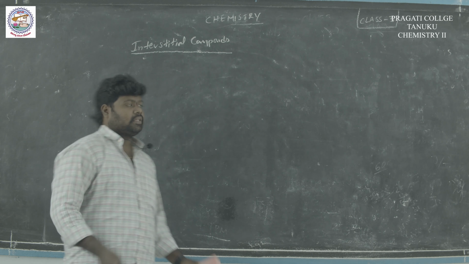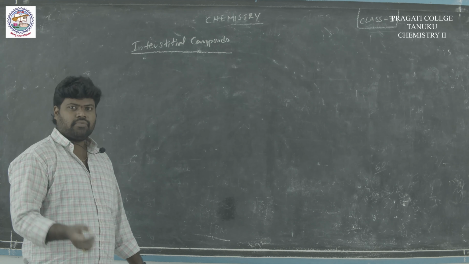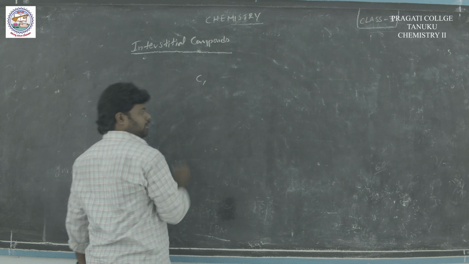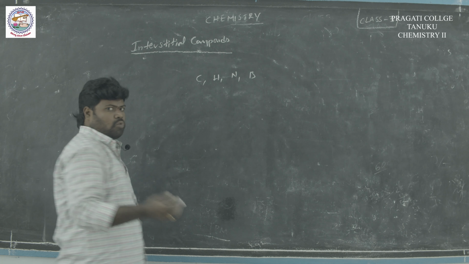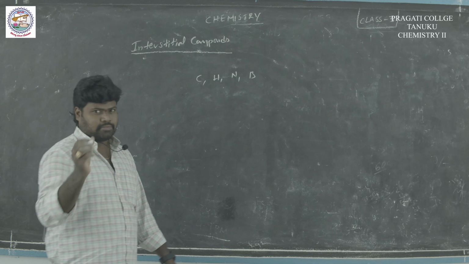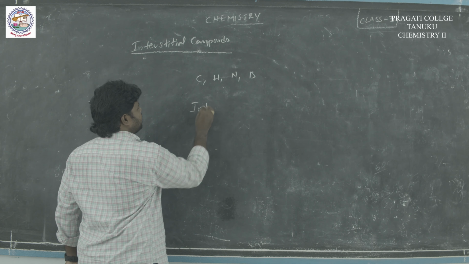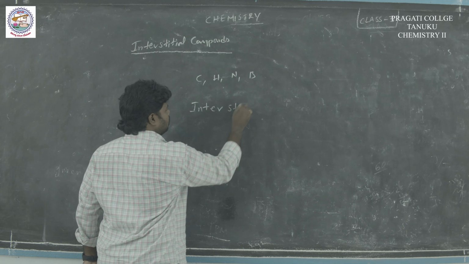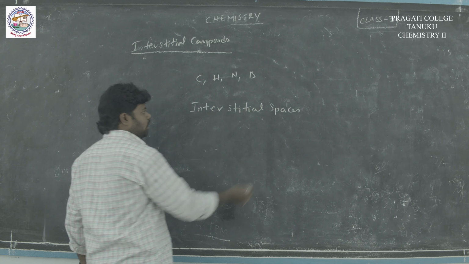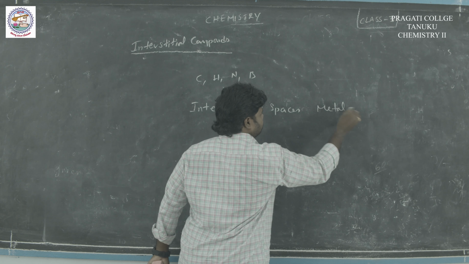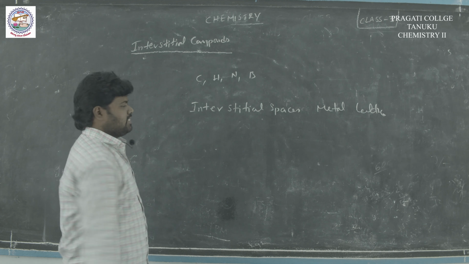Interstitial compounds are compounds in which small atoms of low atomic mass, like carbon, hydrogen, nitrogen, boron, occupy the interstitial spaces of the metal lattice. That type of compounds are called interstitial compounds.